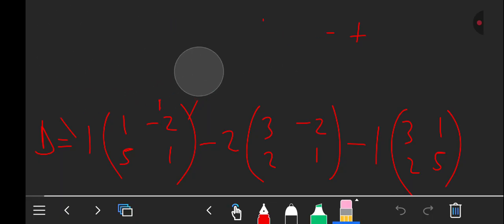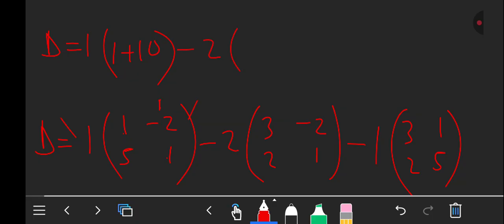Then you find the determinant the way you find it for 2x2. The determinant will be equal to 1 multiplied by, so the major diagonal is 1, so 1 minus the minor diagonal, that is 5 times -2, that is -10. Because of this negative, it will just be +10.